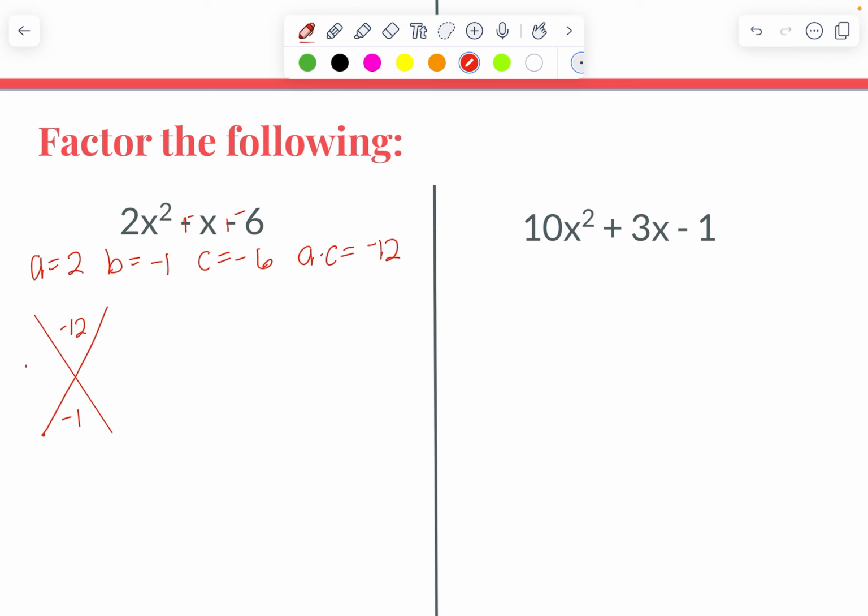Since I'm multiplying to a negative, I know I have one positive and one negative. Since I'm adding to a negative, the negative number is bigger. So now that I know the signs, I can just look for two numbers that multiply to 12 and subtract to 1. Those numbers are 4 and 3. The 4 has to be negative.